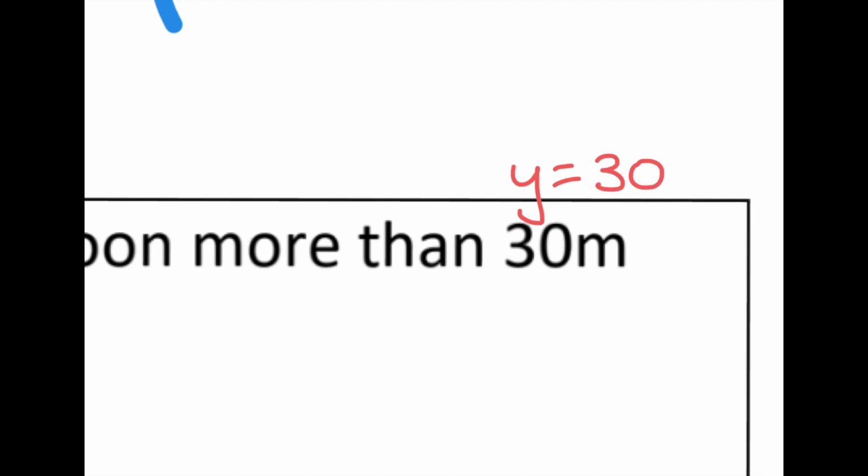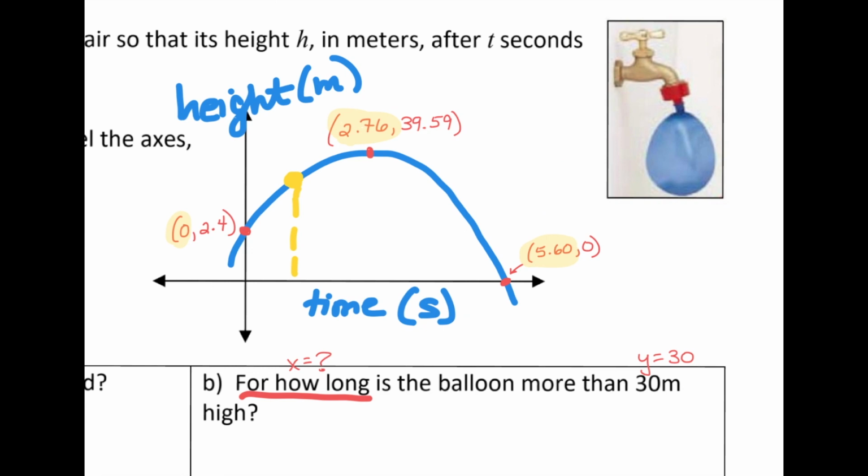So this is another situation where you want to have Desmos draw a horizontal line at y equals 30, because you want to find out about this time in between. You want to find out how long was it above 30 meters. So I'm going to do y equals 30 in the next line so that I graph that horizontal line.